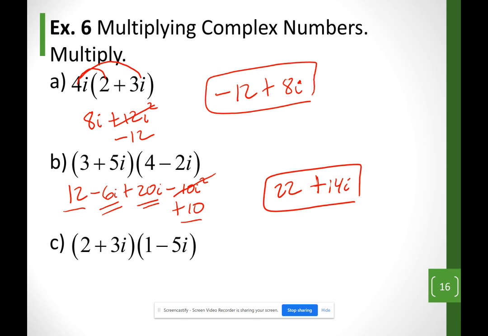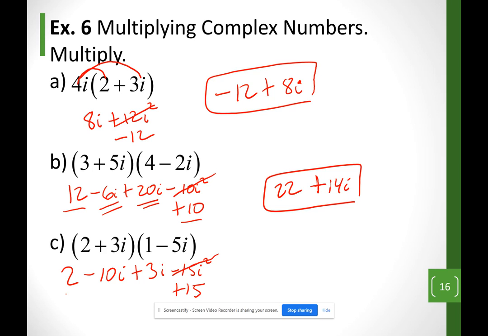Lastly, let me take a look at example C. Let me distribute the 2 to the second parentheses. So that gives me 2 minus 10i. Now let me distribute the 3i to the second parentheses. That gives me 3i minus 15i squared. Now the negative 15i squared at the end, that is basically plus 15.